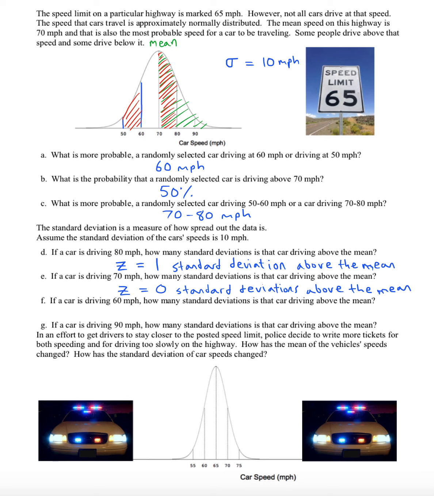If a car were driving 60 miles an hour, how many standard deviations is that above the mean? Well, that's a little tricky question as well. They're not above the mean, they're below the mean. So the number that we're going to give to this will be a -1. Z equals -1.